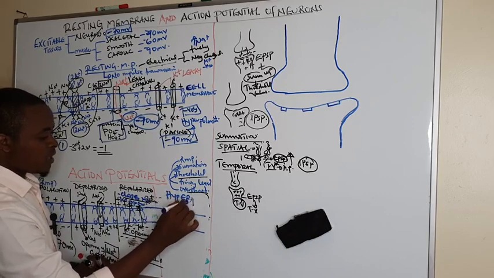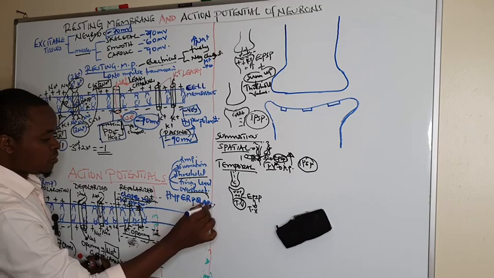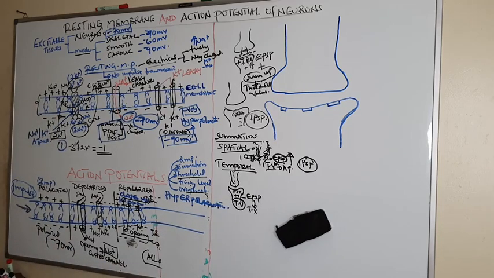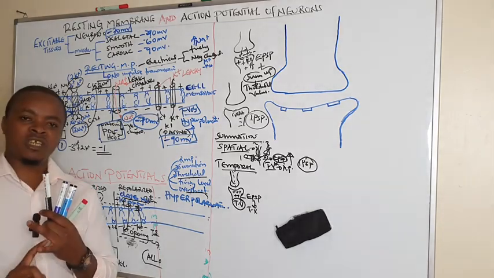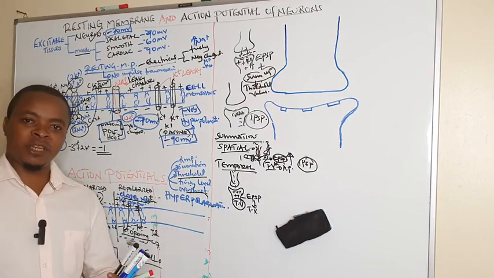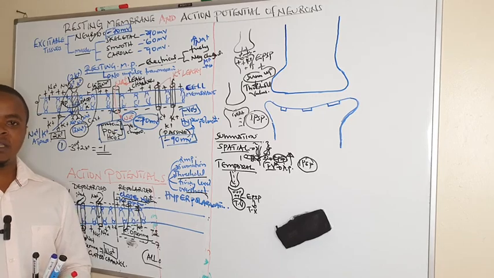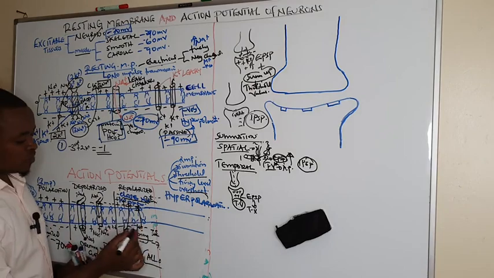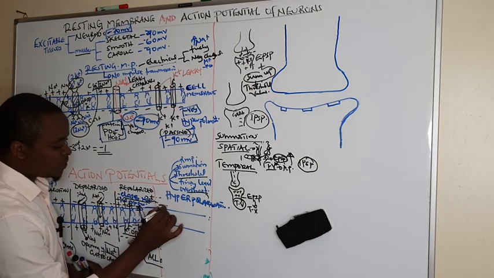We can restore the membrane potential to the extent that it goes below the resting membrane potential, whereby hyperpolarization is due to complete closure of sodium ions and full opening of the potassium ions. So when the potassium ions are fully open, we are going to see the cell becomes more negative.